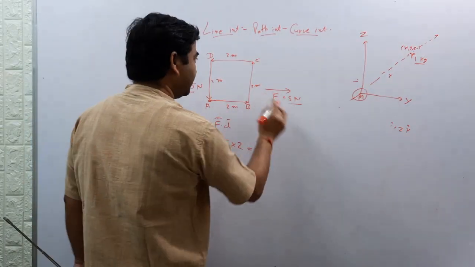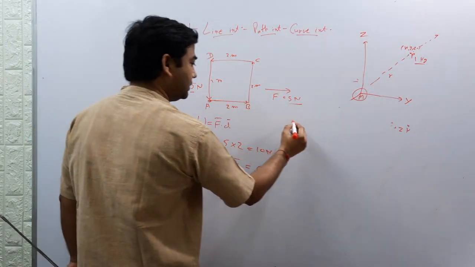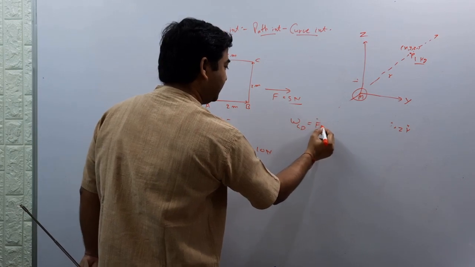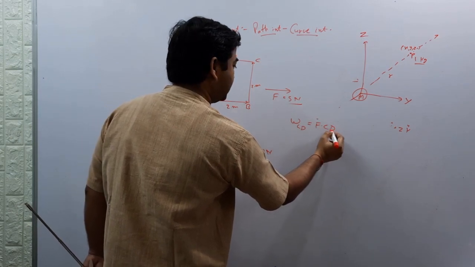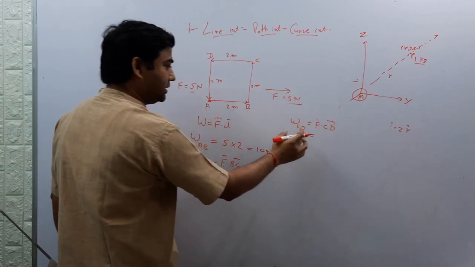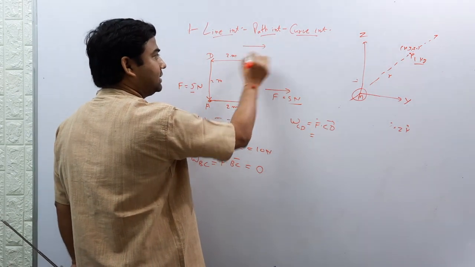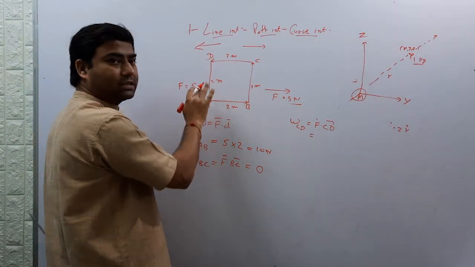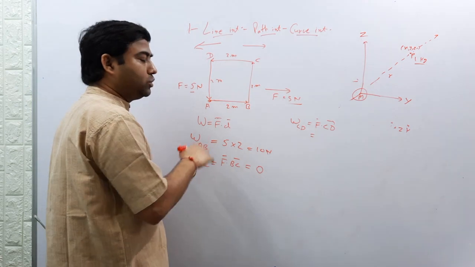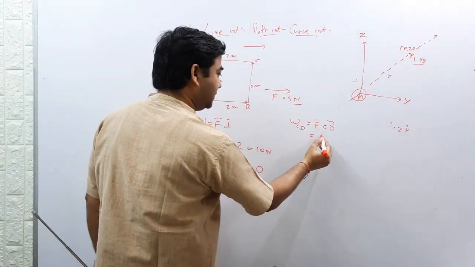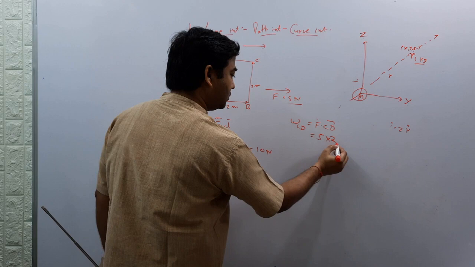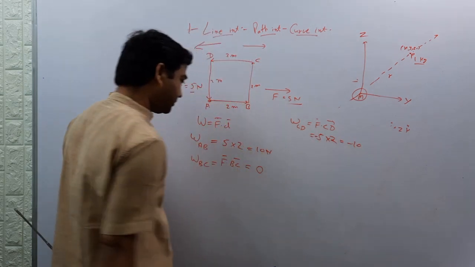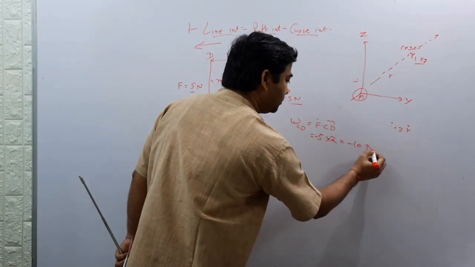Work done from CD, when the particle moves from C to D: work done CD is equal to F dot vector CD. Vector F is in this direction and displacement vector CD is in the reverse direction, so their dot product will be negative. That is 5 into 2 with a minus sign, equal to minus 10 Newton.